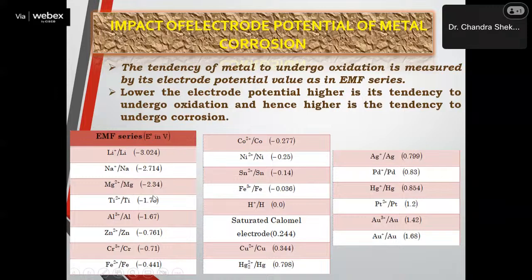But practically, titanium metal, aluminum metal, and even chromium metal, which has a negative potential similar to zinc metal, all these three metals show very little tendency to undergo corrosion. And their rate of corrosion is not as per the electrode potential value.